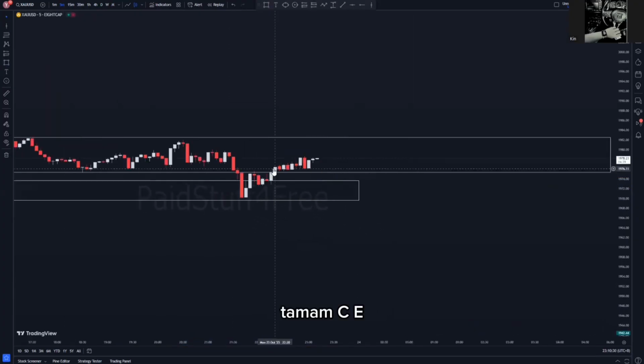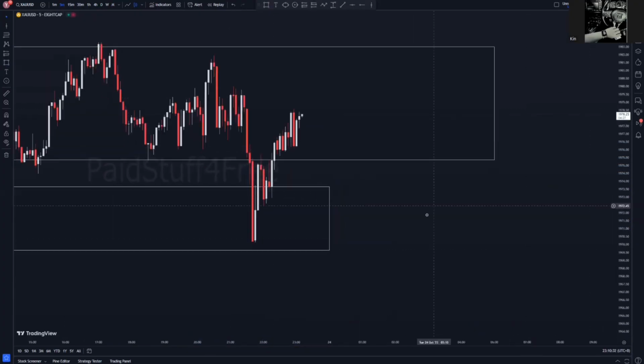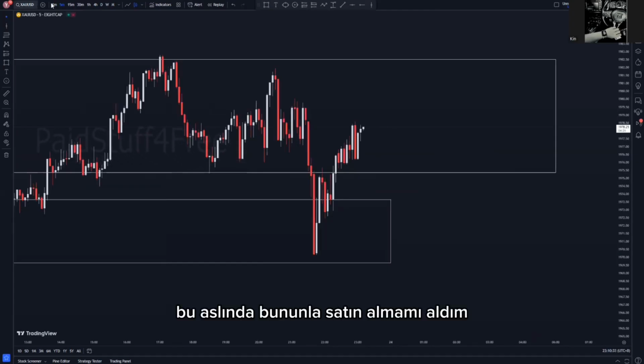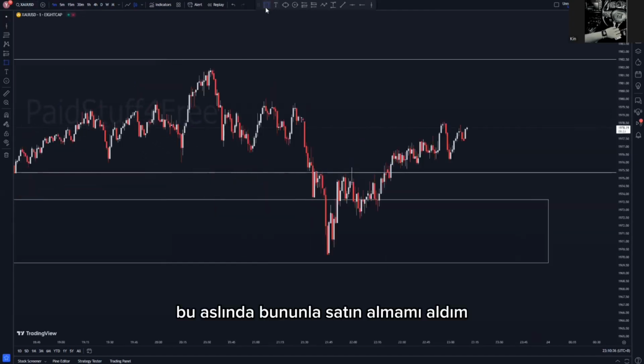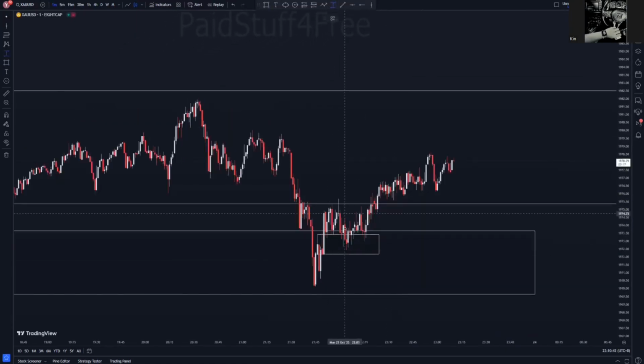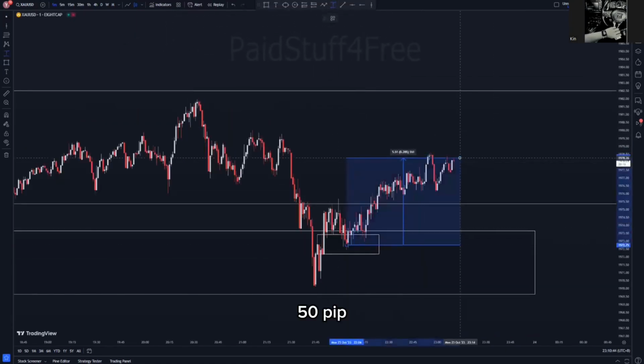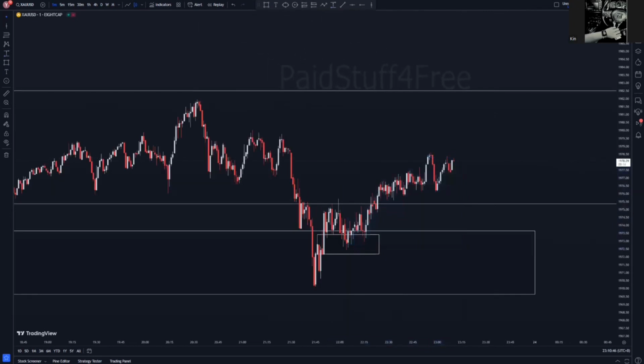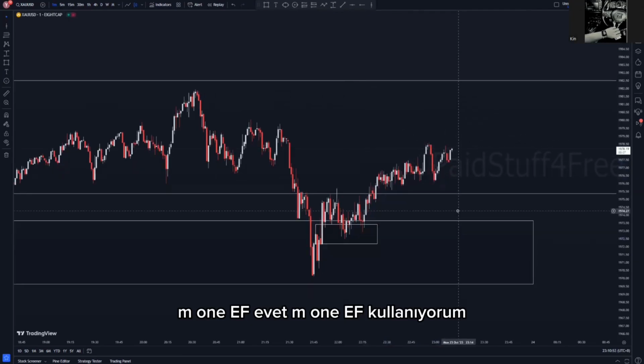All right, the CE. I took my buy with this one actually, 50 pips. That happened on M30, and I use M1.